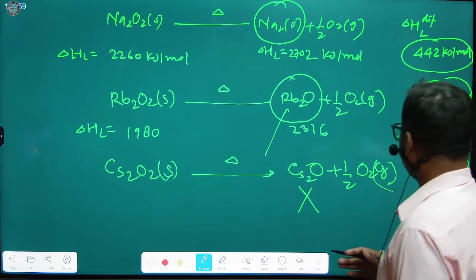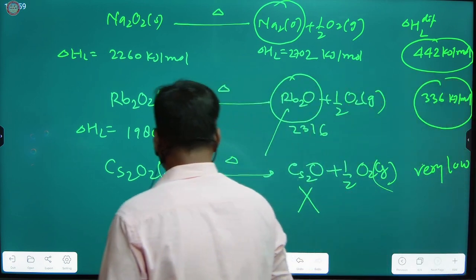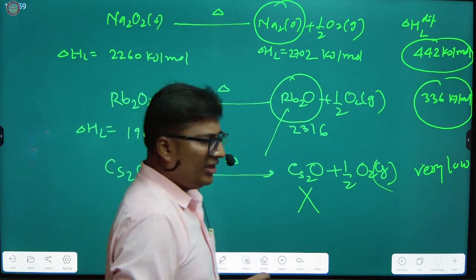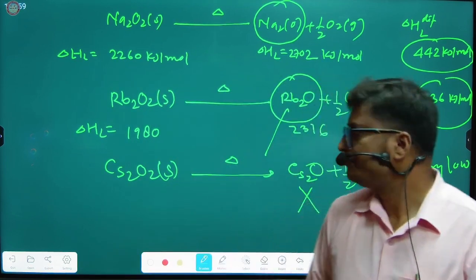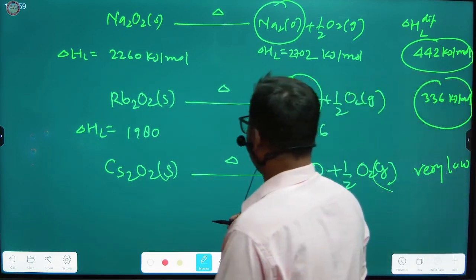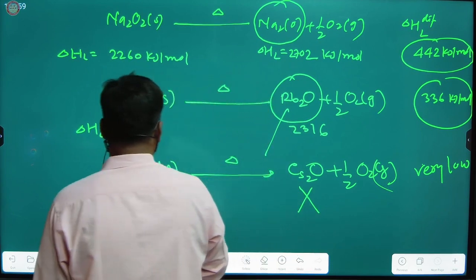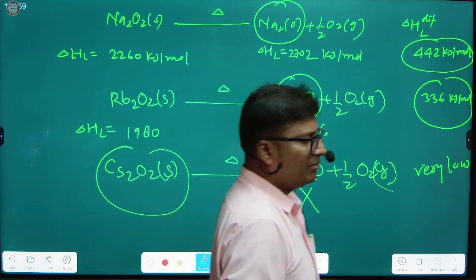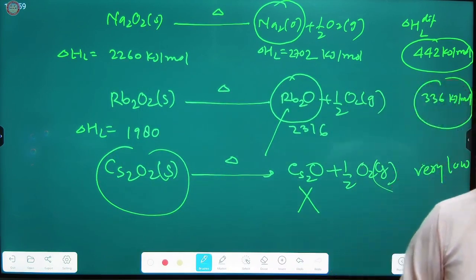Next we can elaborate that as temperature increases, thermal decomposition requires high temperature, and only then can it be decomposed into monoxides.